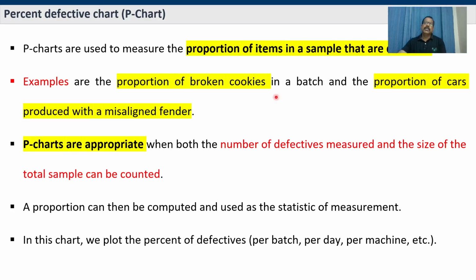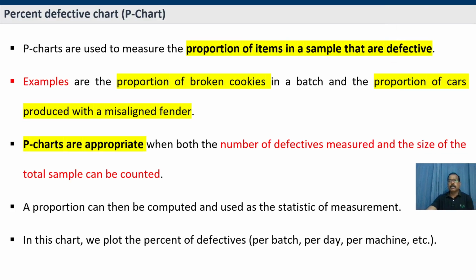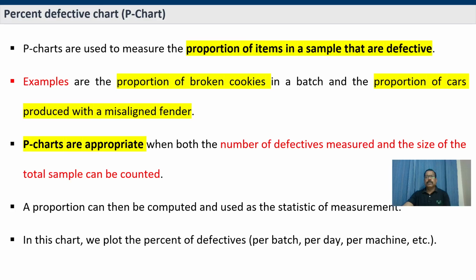Okay, so let's move on to the P chart. P chart is the percent defective chart. In other words, the percent defective chart is called a P chart. So instead of P chart, they may ask you to draw a percent defective chart. In that sense, you should understand it's a P chart.